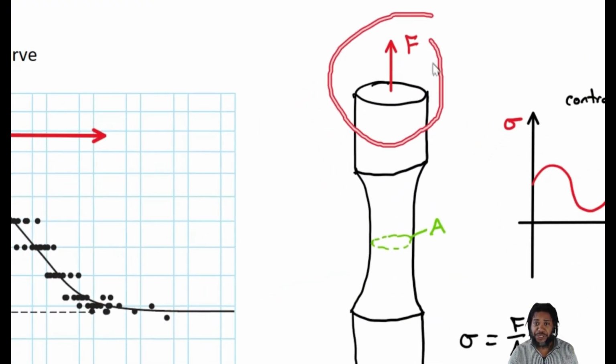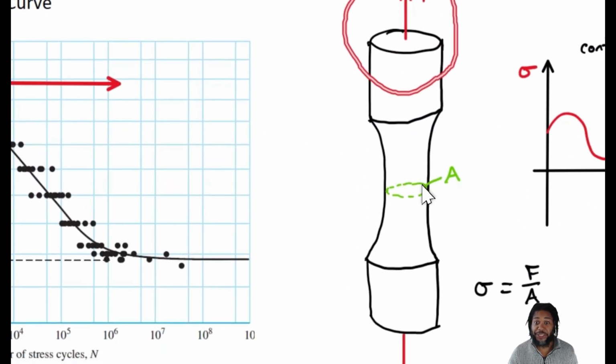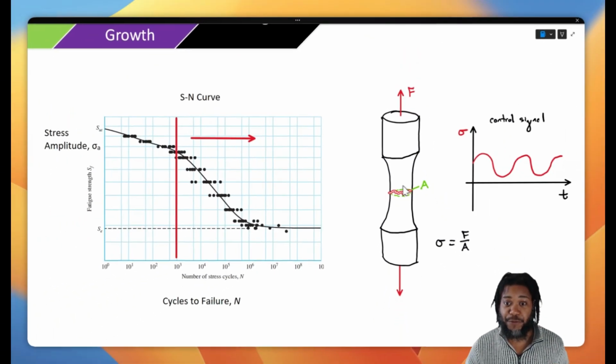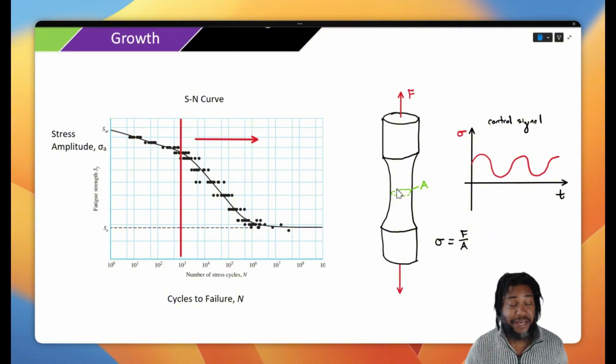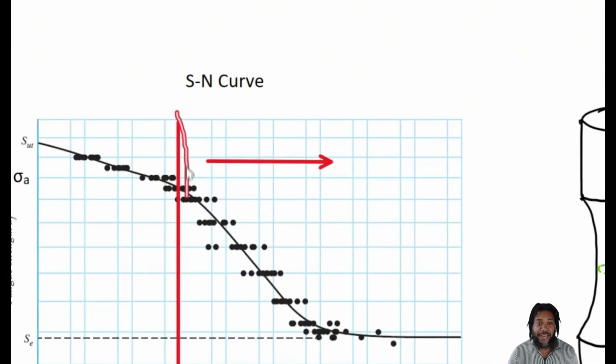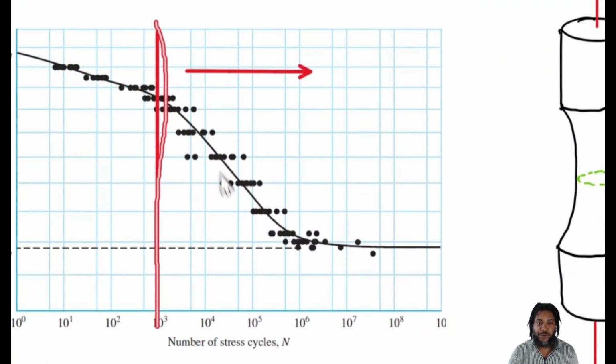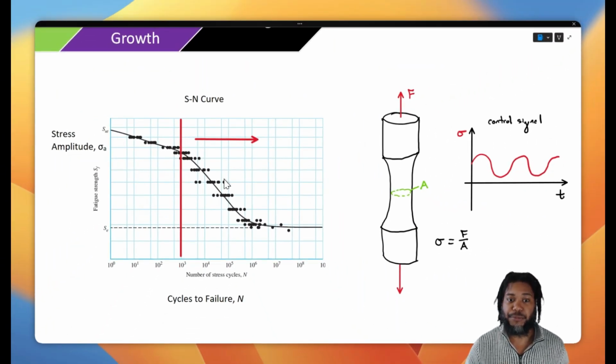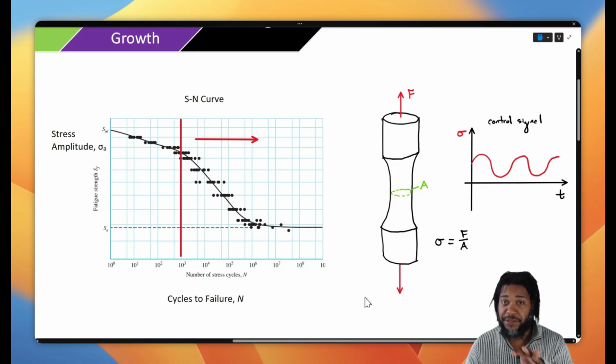Because force is measured remotely and cracks are going to initiate locally and plastic deformation initiates locally, this method does not work well under really plastic deforming types of materials. And so that's why we have to use it when we're greater than 1,000 cycles, right? And this is the main method we're going to learn in this class.